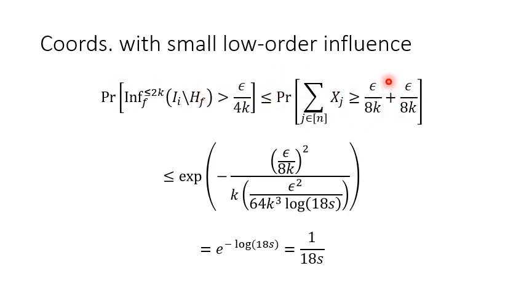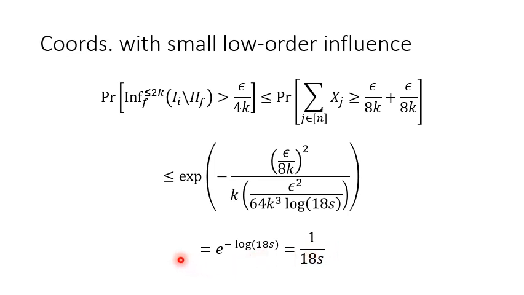Now here we can again use Hoeffding's inequality and put in the values of s and theta that we chose in the proposition and get this inequality. And now k and epsilon cancel out, and we've just got e to the minus of log 18s, which is 1 over 18s.